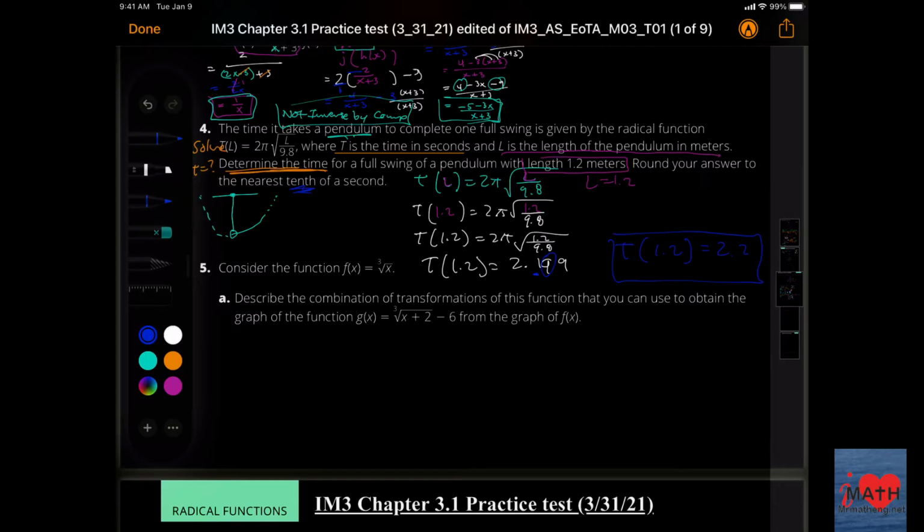Number 5. Consider the function f of x equals the cube root of x. Describe the combination of transformations of this function that you can use to obtain the graph of g of x. Describe means words.